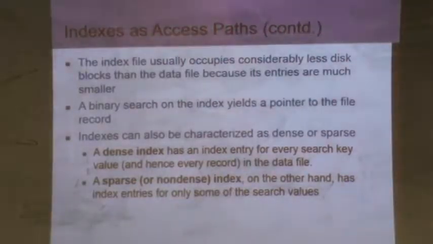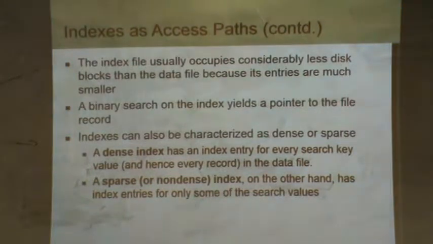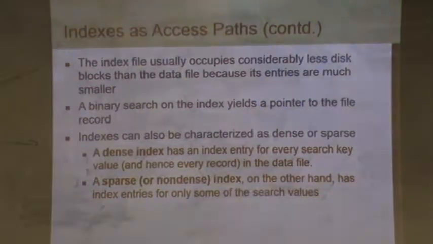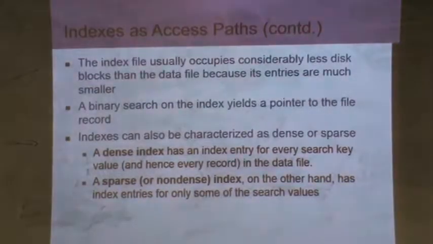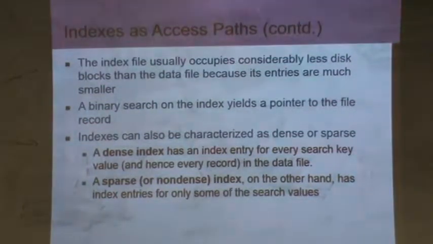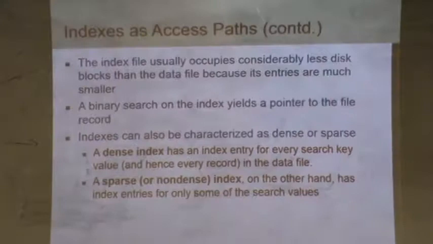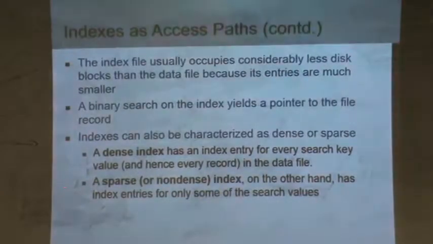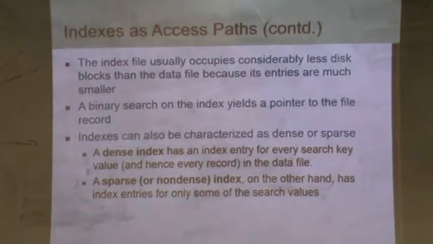Can you find all the words in your textbook in the index? No. Only some keywords, not all words and all pages. That is the sparse index. If you make the index for all the data in your textbook, that is called the dense index.